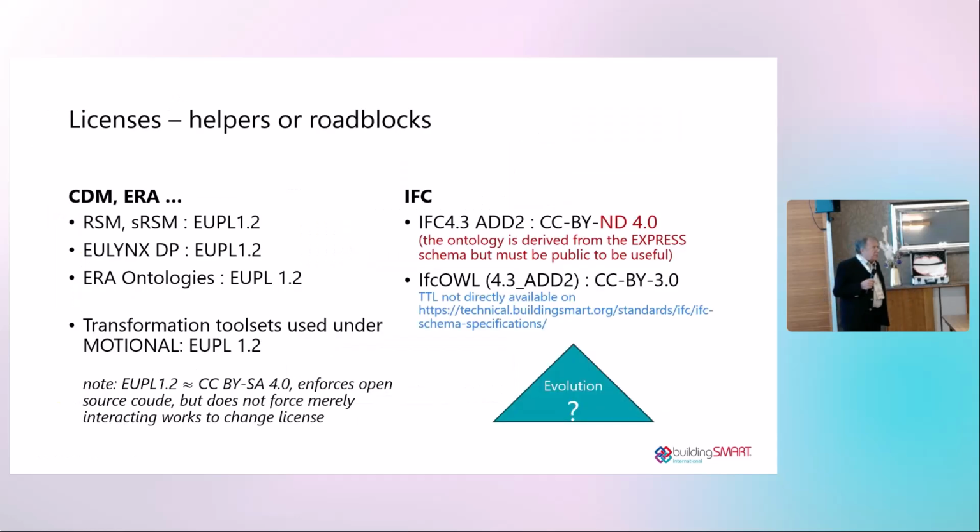We still have one small roadblock, and it's also one of my reasons for not publishing the code now. For the time being, the Express schema is covered by a license that says explicitly no derivative. Here, I think we have a talking point between UIC and buildingSMART.